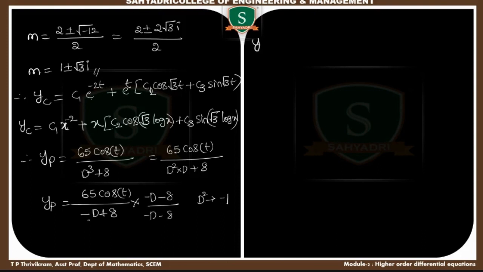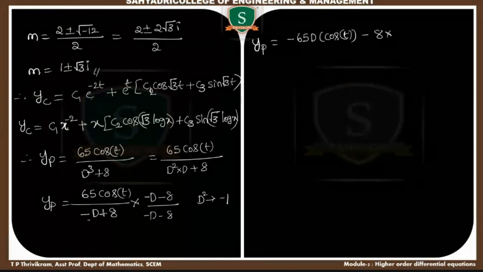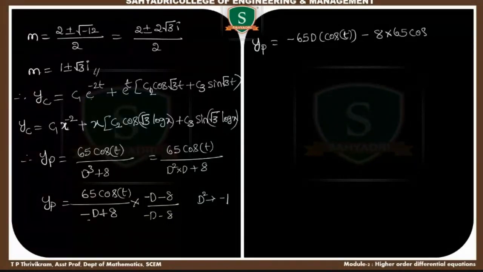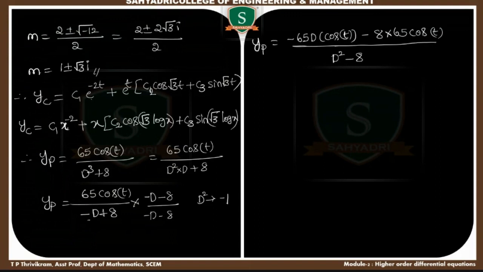So yp is equal to, multiply for the first term, minus 65 d of cos t minus 8 into 65, so I can write it directly as 8 into 65 cos t, divided by d square minus 8 square, that means 64.